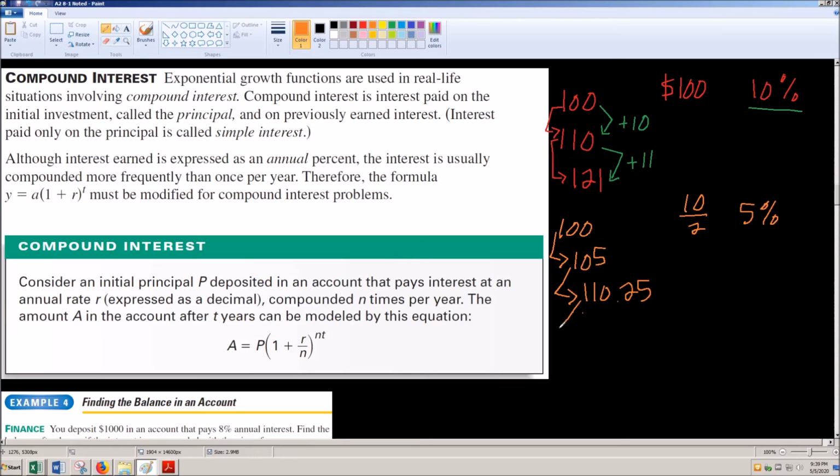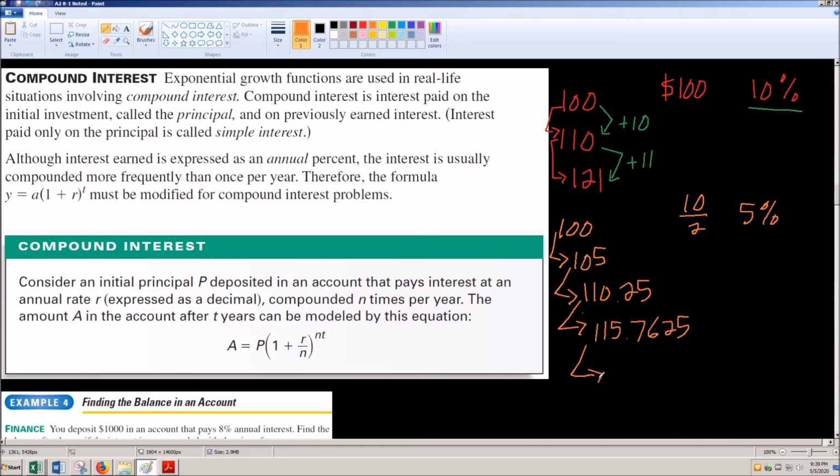So I'm going to continue doing this out so we see a full 2-year comparison. So now I'm going to do the same thing times 1.05. So this brings me to 115.7625.